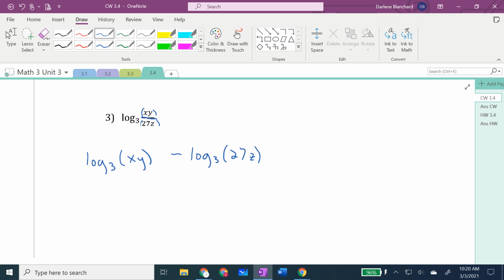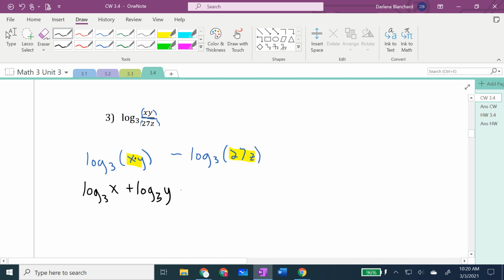So what I did was I just chose to first separate that division bar, and then everything left is what we worked with yesterday, multiplication inside of logarithms. So we separate the multiplication into 2 logarithms by adding and putting each of the factors into separate logarithms.